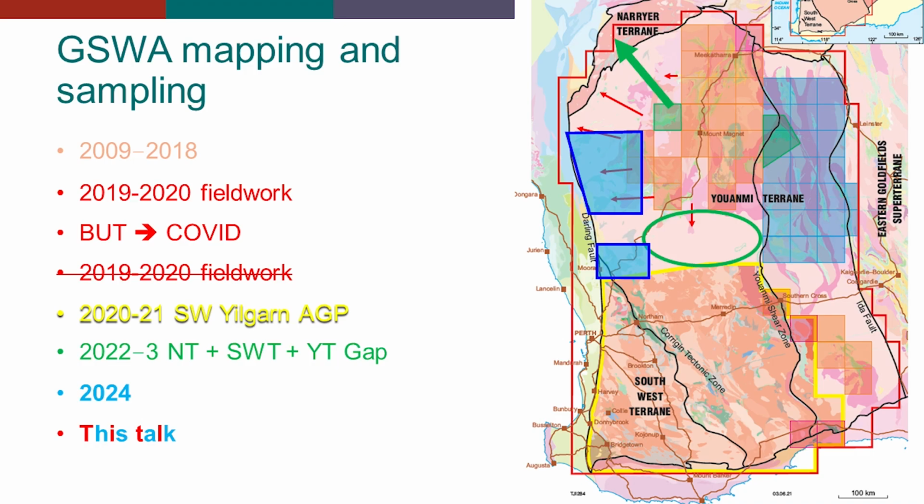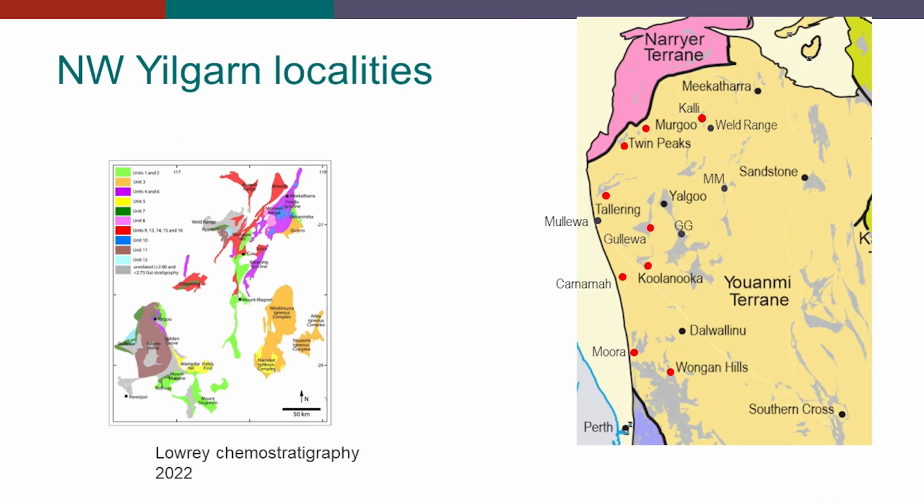And this blue area, with those red arrows, is what I'm going to be looking at today. Some of the place names in this area, in red there, are greenstone belts at Gulliwa, Kulanuka, Tallering, Twin Peaks, and Wongan Hills.